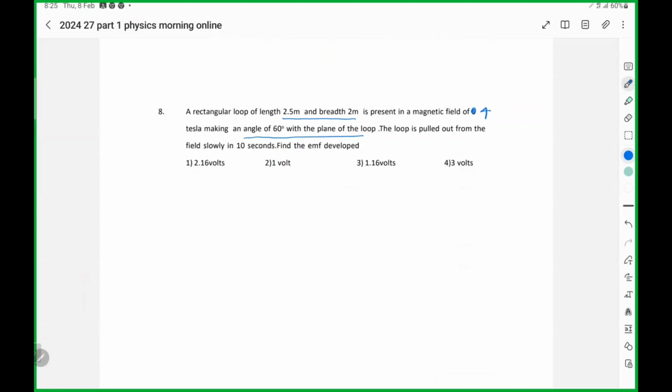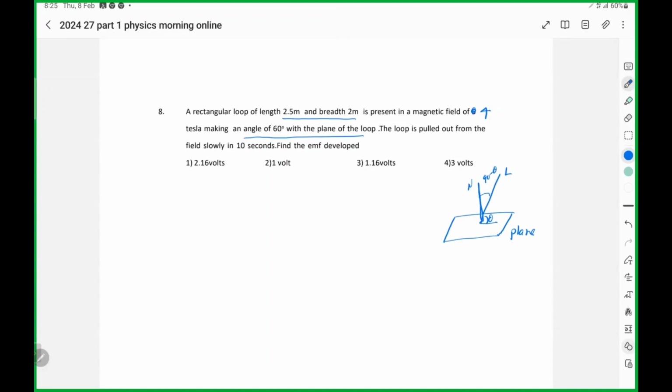Before discussing this problem, I will discuss what the angle between a plane and a line is. So this is a plane and this is a line. If the angle between the plane and the line is theta, the angle between the normal and the line will be 90 minus theta.